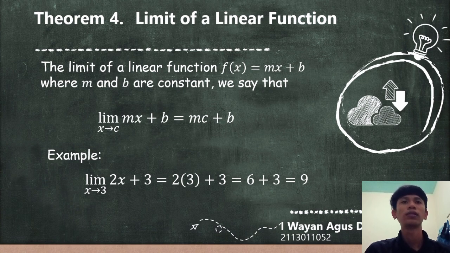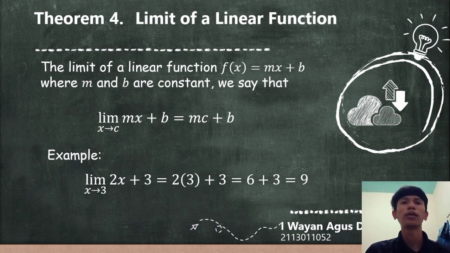Therefore, the limit of 2x plus 3 as x approaches 3 is equal to 9. This is simply substitution, one method we discussed in our previous video.